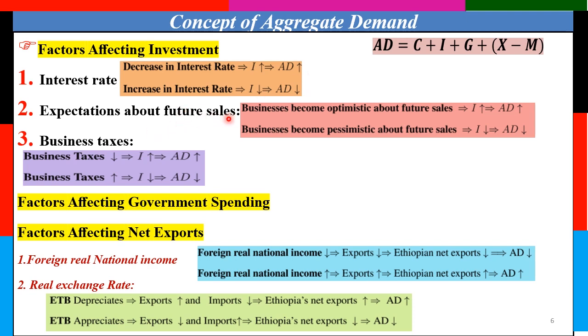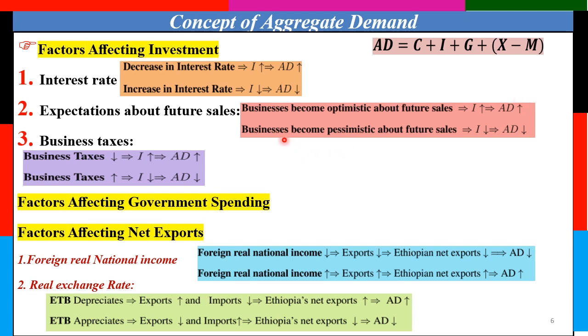Expectation about future sales. If the business becomes optimistic, it means he or she thinks positively about his or her future sales, then investment goes up and aggregate demand also goes up.